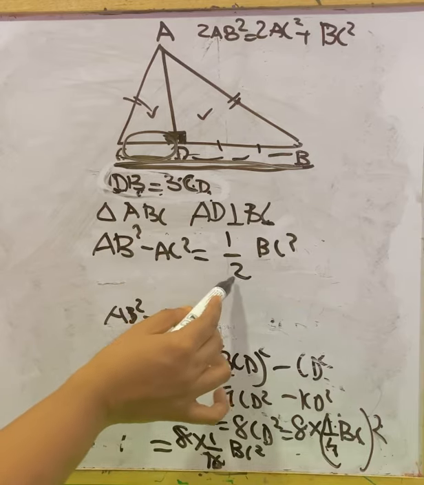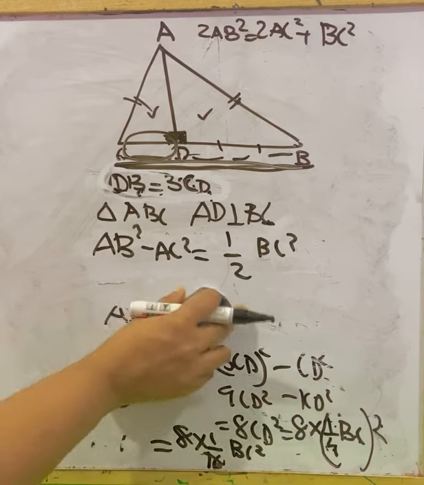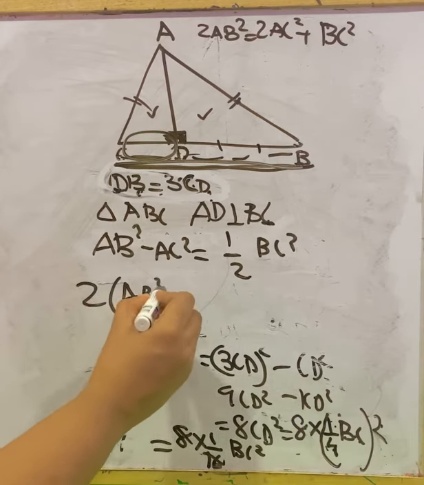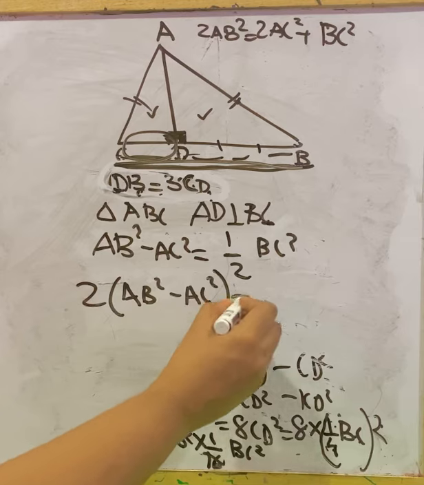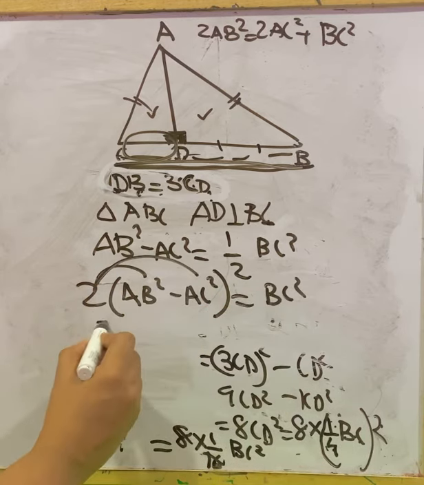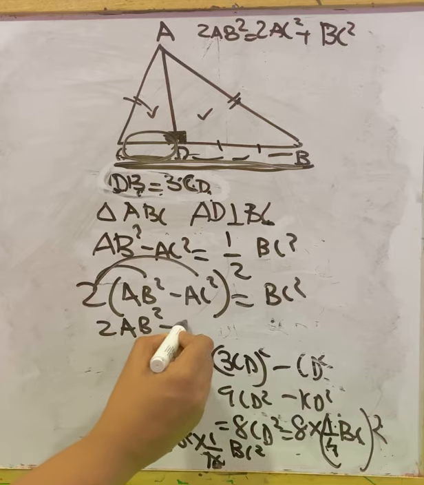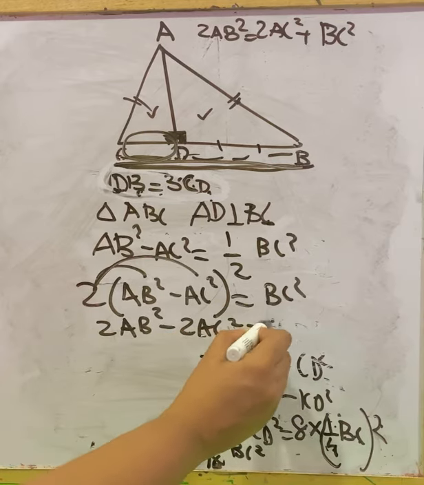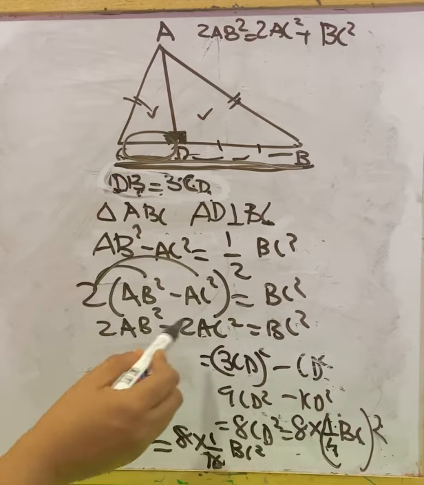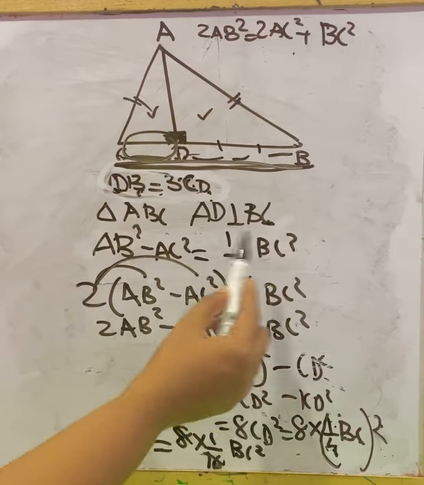LHS we have AB square minus AC square. Now we can take this 2 to the side. It becomes 2 into AB square minus AC square is equal to BC square. Now open this with 2. It is 2AB square minus 2AC square is equal to BC square. Now check it with the question. We have 2AC square on the RHS part.